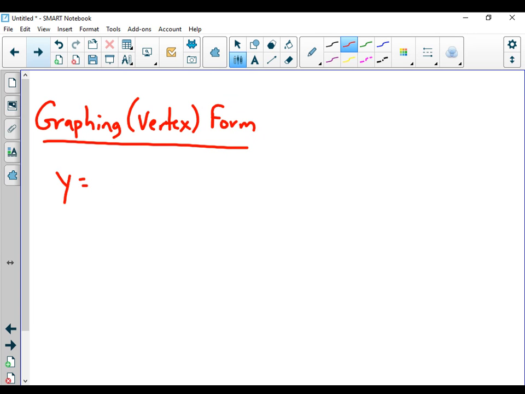It's going to be y equals a, I mentioned a before, that's the coefficient out in front, times (x minus h) squared plus k. So if they ever talk about graphing form, that's the general graphing form, or sometimes you'll hear it called the vertex form.